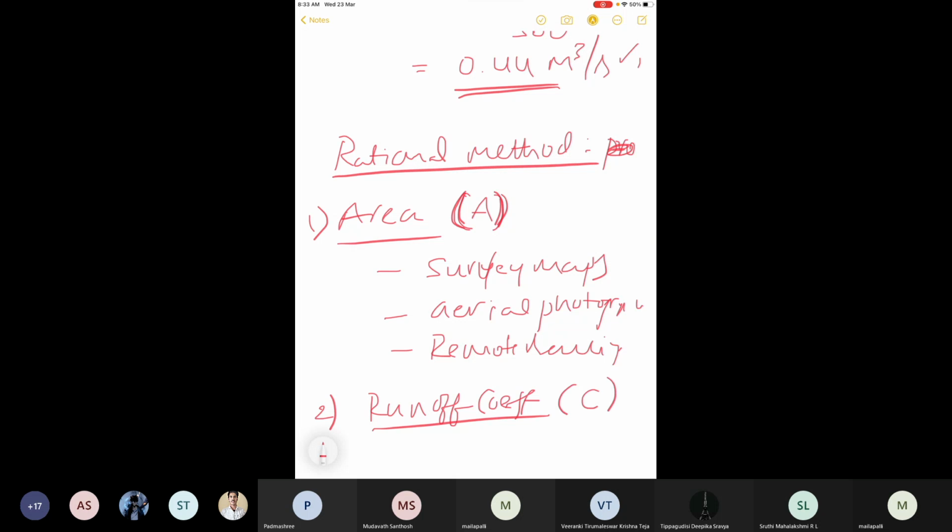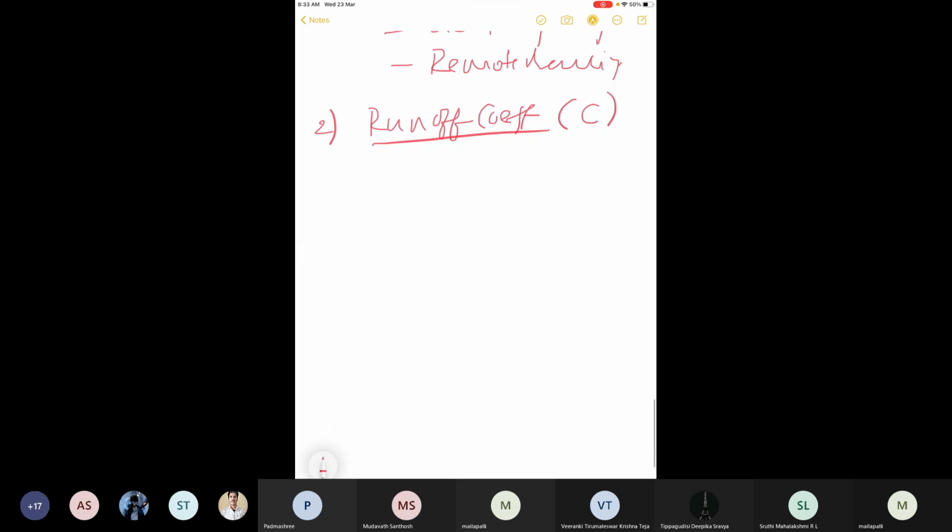That is C. There are some tables available, so knowing the soil texture, topography, or vegetation, you can get the C values. If C is equal to 1, whatever rainfall P is happening, the same P will result as runoff because there is no infiltration from the ground surface.